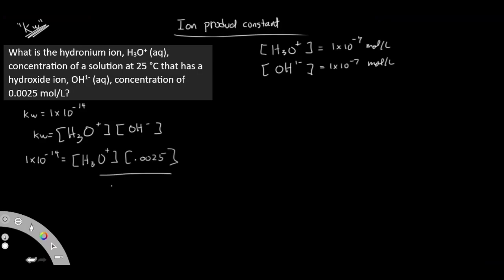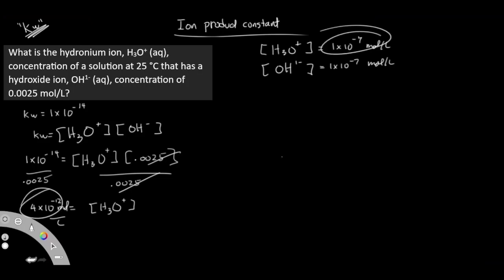Let's divide accordingly so we can get rid of it. What do you end up getting for our hydronium? You get 4 times 10 to the negative 12. It's in concentration brackets, so this would be in moles per liter. As you can see, this value is much smaller than 1 times 10 to the negative 7.